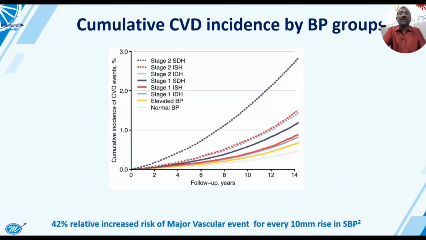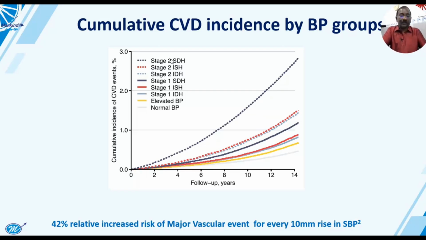See the cumulative CVD incidence by the BP groups. So what do you mean by SDH? What is SDH? What is ISH? What is IDH? Balu, what is ISH? Isolated systolic hypertension. What is IDH? Isolated diastolic hypertension. What is SDH?